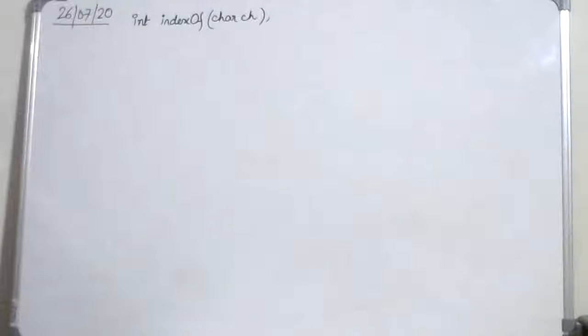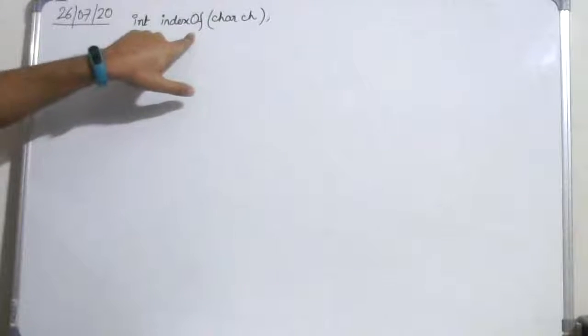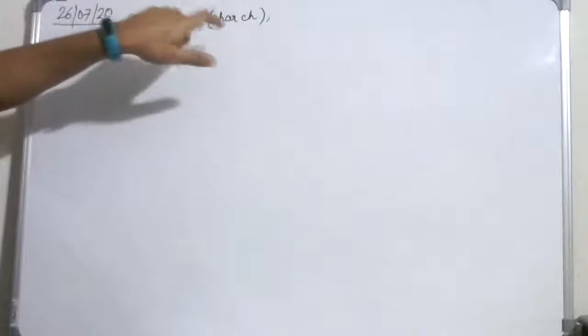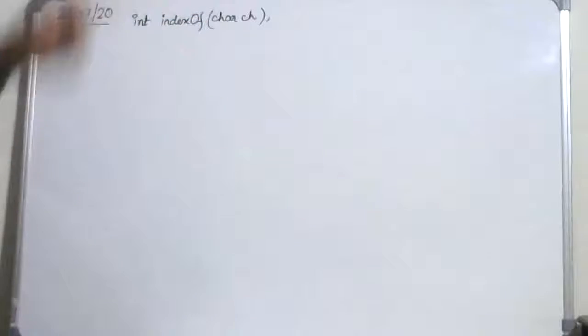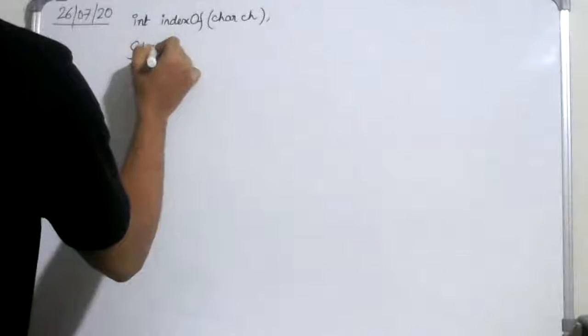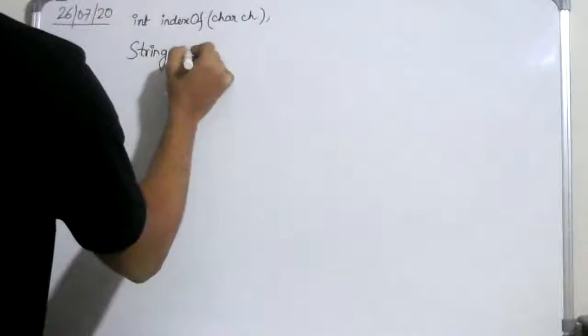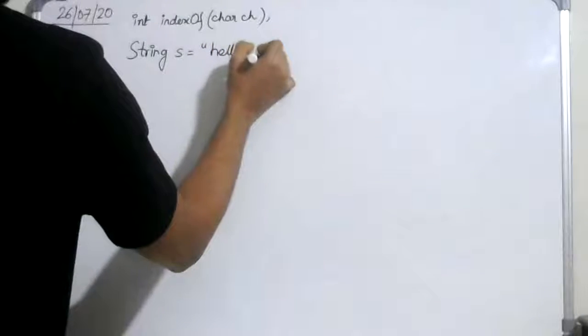As the name suggests, you again call this function over a string variable and you pass a character to the function as an argument. Let's again take a look at an example and try to understand how it works. So string s is equal to hello.